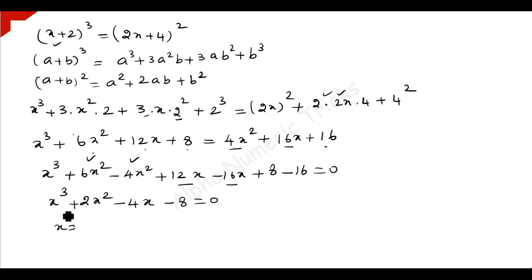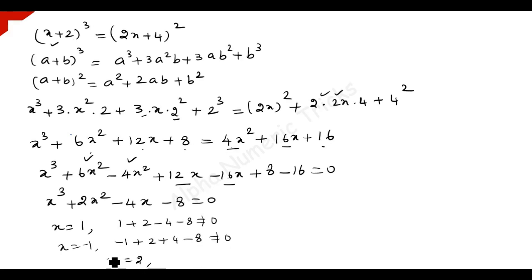Put x is equal to 1 here. Trial and error method, we find one solution. So x is equal to 1: if you put 1 plus 2 minus 4 minus 8, which is not equal to 0. x is equal to minus 1: you have minus 1 plus 2 plus 4 minus 8, which is also not equal to 0. Next number, x is equal to 2.